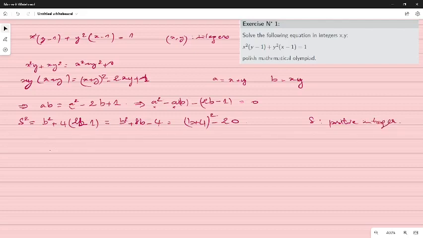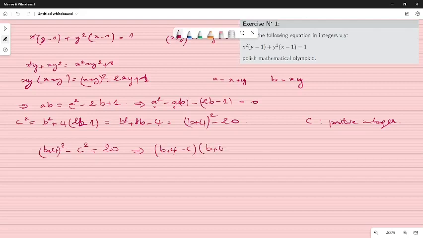So we have b plus 4 squared minus delta square equals 20, and this implies, I will use c instead of delta, b plus 4 minus c multiplied by b plus 4 plus c equals 20. 20 is 2 square multiplied by 5.